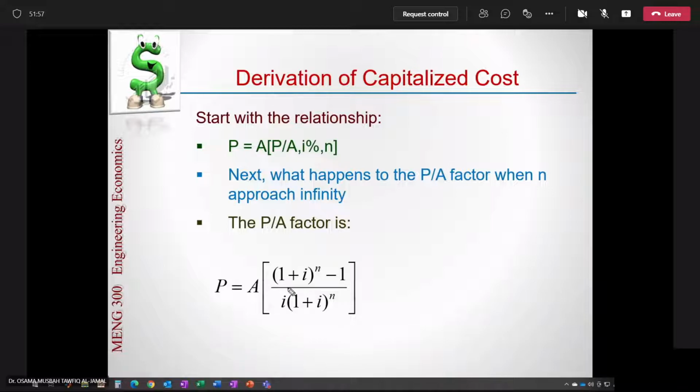Let us rearrange this by dividing the numerator and the denominator by 1 plus I to the power n. So in the numerator we're going to have 1 minus 1 divided by 1 plus I to the power n, and in the denominator we're going to have only I. So at the end, by arranging this, that's what we're going to get.